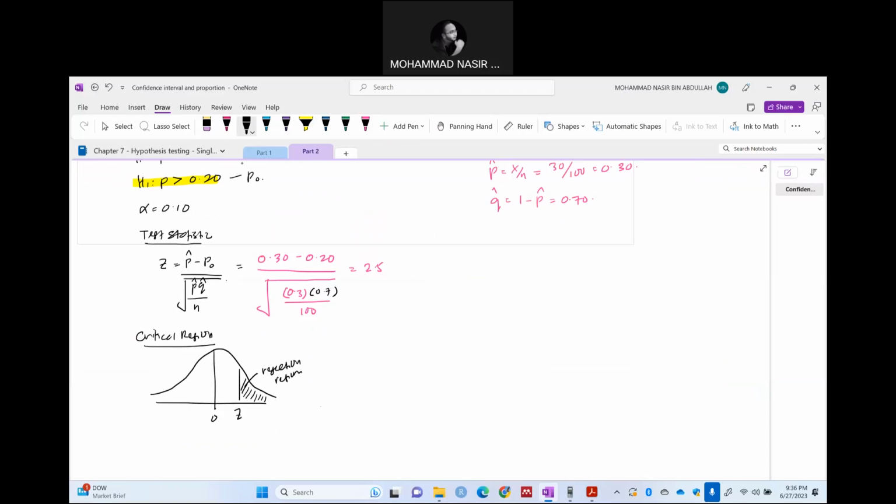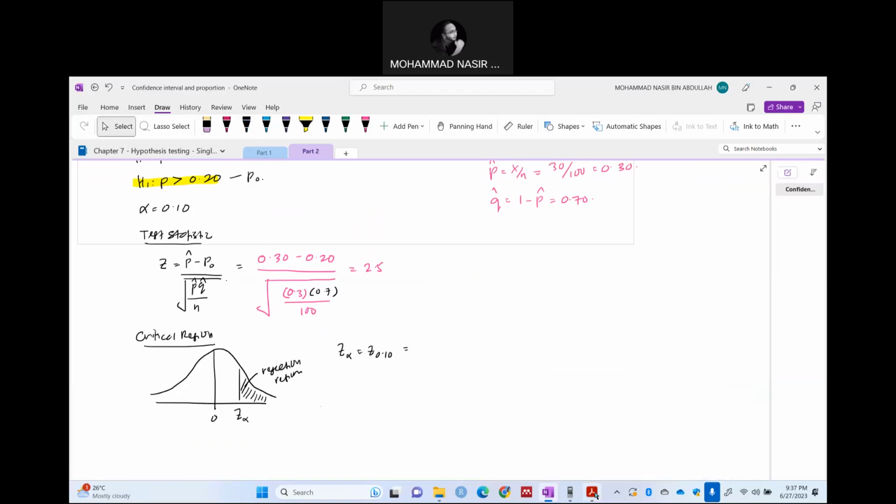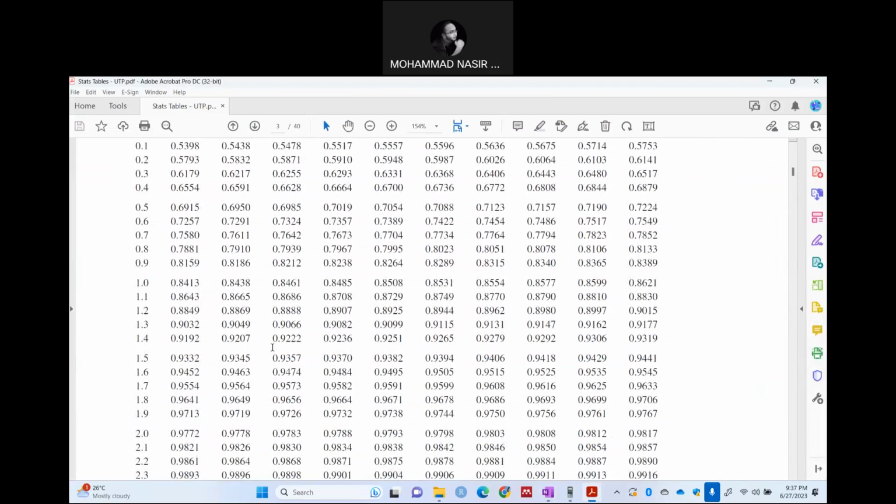This is Z alpha, so Z alpha is equal to Z 0.10. 1 minus 0.1 should be 0.9. So look at the statistical table. Z statistic 0.9 should be somewhere here.